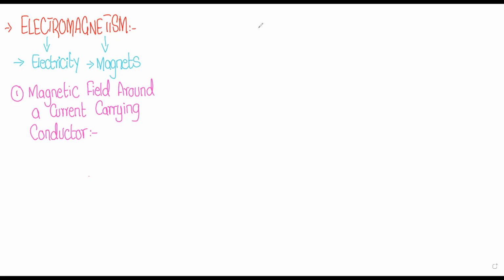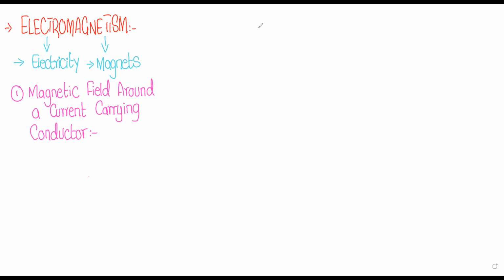So if there is no magnet or no south or north pole placed around a conductor, and only current is passing through the conductor, there will still be a magnetic field around that conductor. That was the natural phenomenon, right? So we need to know the direction of the magnetic field and how it is produced around a conductor. You need to know their direction and their properties, right?